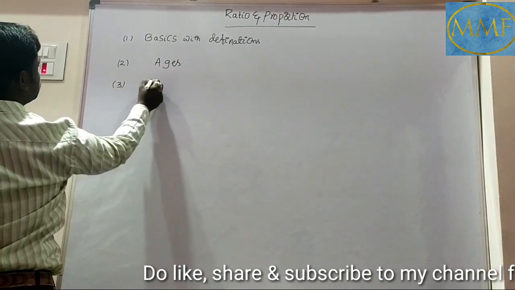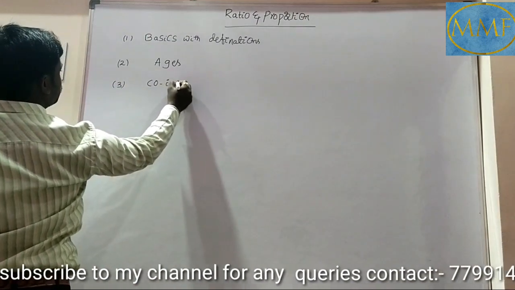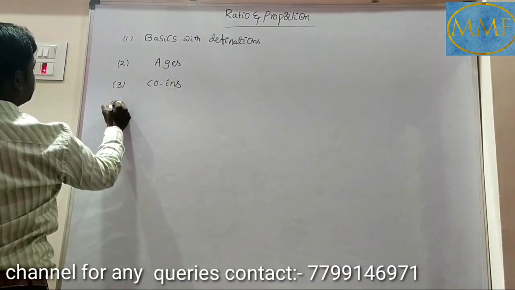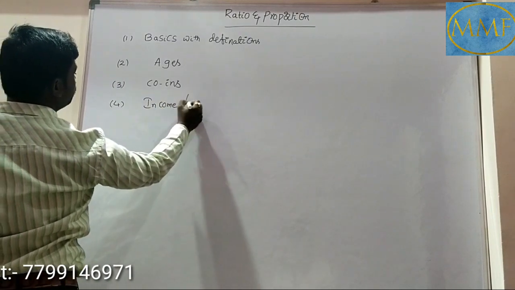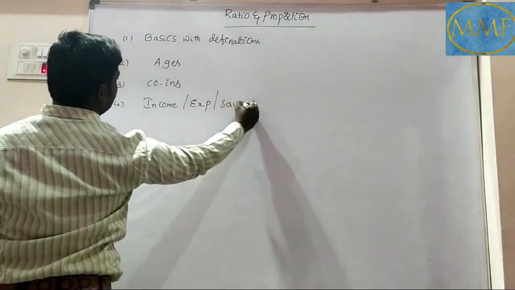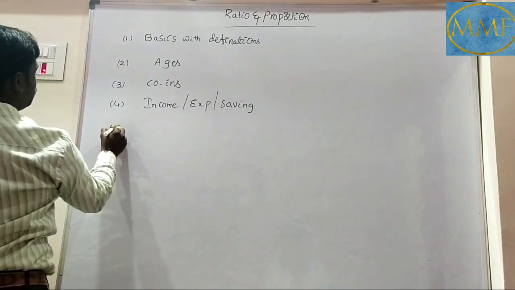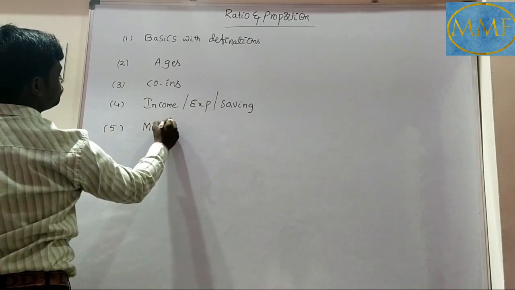Then next we will discuss coins. Next we will discuss income, expenditure, saving model.